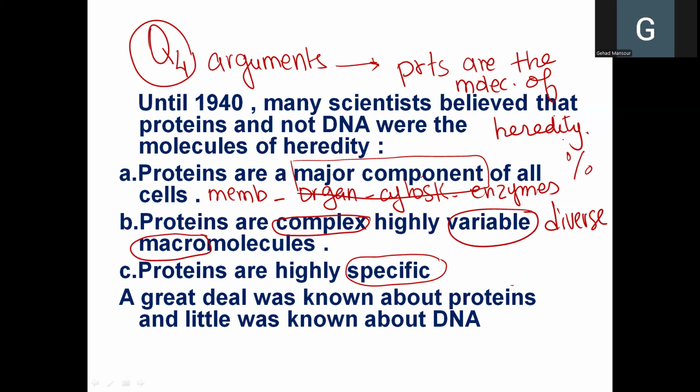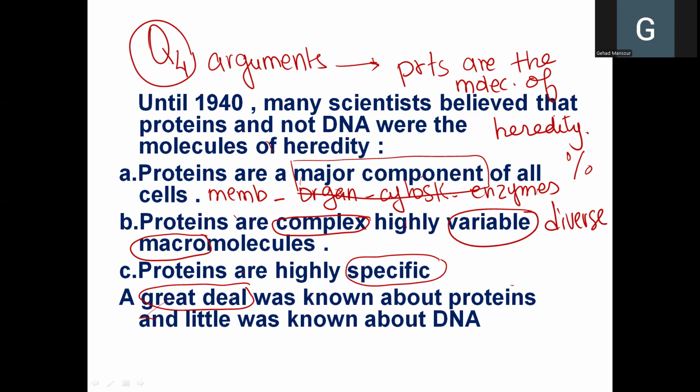And the last cause, the fifth cause, is that we usually are biased towards what we know. At the time, scientists knew more about proteins than they knew about DNA, and therefore a great deal of information was known about proteins.